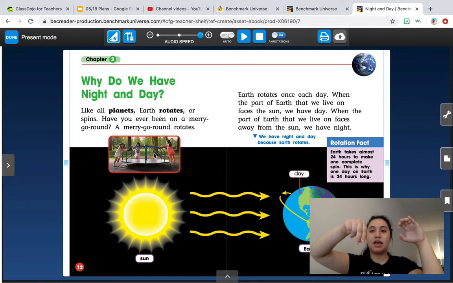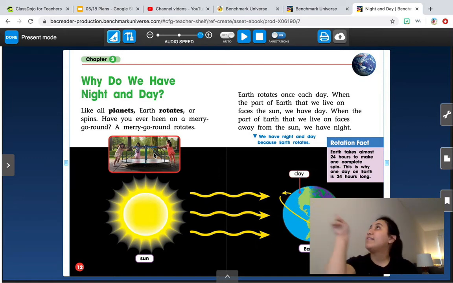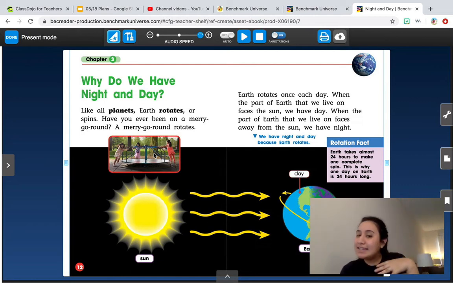And when our part of Earth, so say we're right here, is facing the sun, right now it's daytime for me. That means our part of Earth, California, is facing the sun. We're looking at the sun. But when it's nighttime, that means that our part of Earth is looking away from the sun. So we don't see the sun, and that's why we have nighttime.